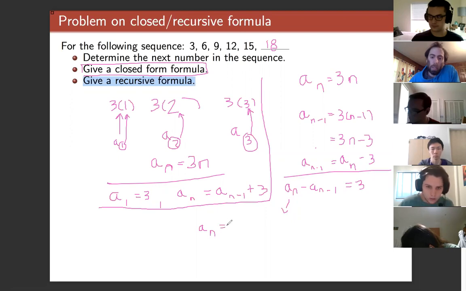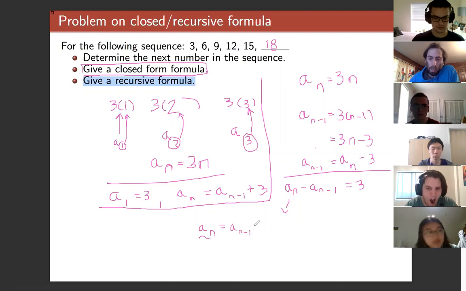Go ahead and put an isolated on one side. So we're actually saying what an is. This equality implies that an minus 1 plus 3 equals an. So yes, you need to determine a relationship between an and an minus 1, and what we would like you to do is isolate an and solve for an. So put it on one side alone.